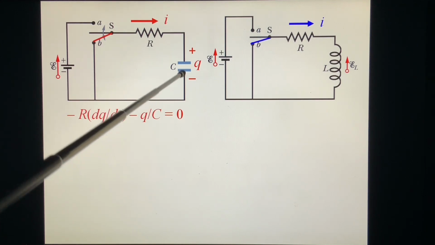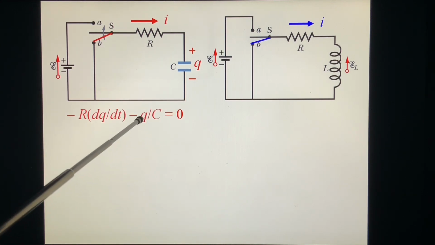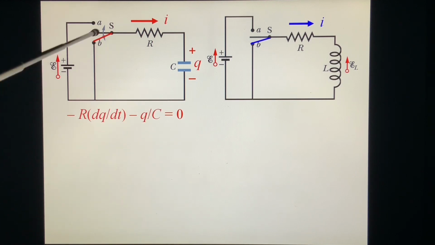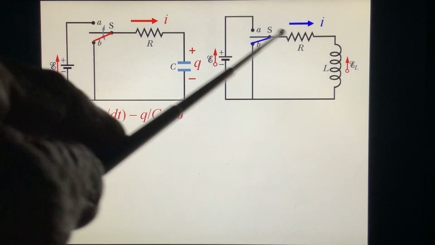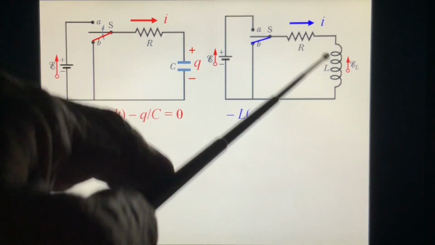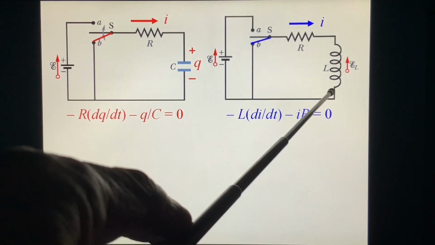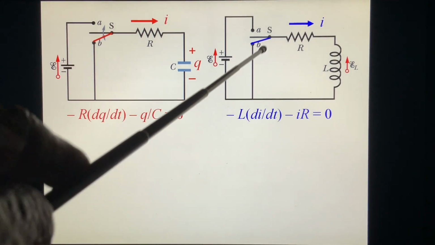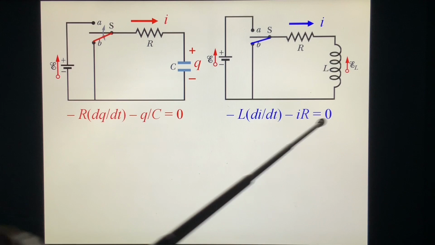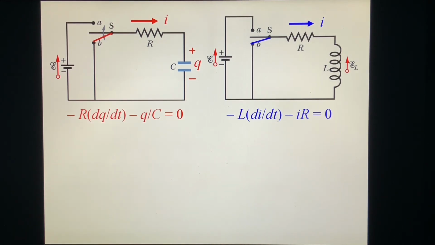From here to here, minus V, where V is Q over C, equal to 0. This one, the current is minus IR. From here to here, minus L di/dt, minus IR equals 0. These two equations are very similar, so we know the answer.